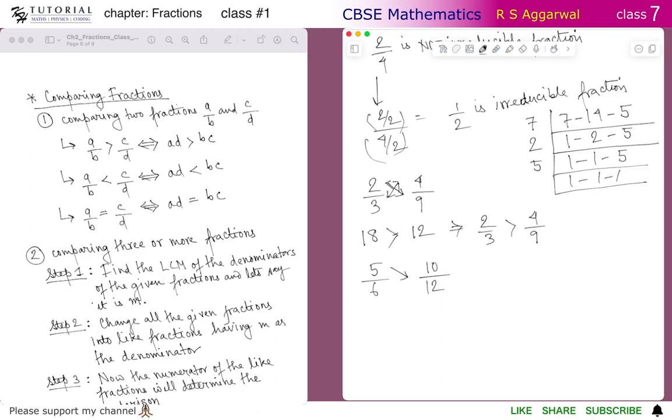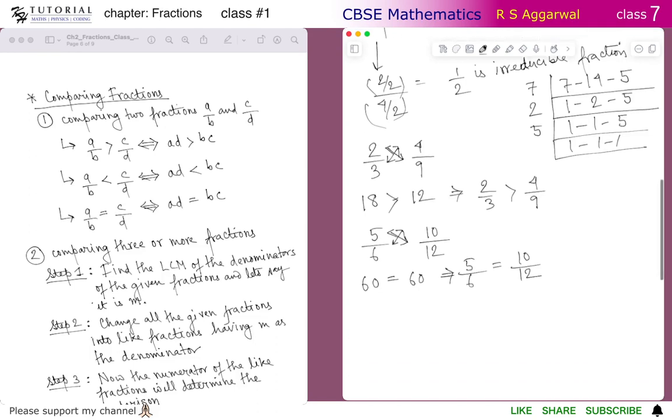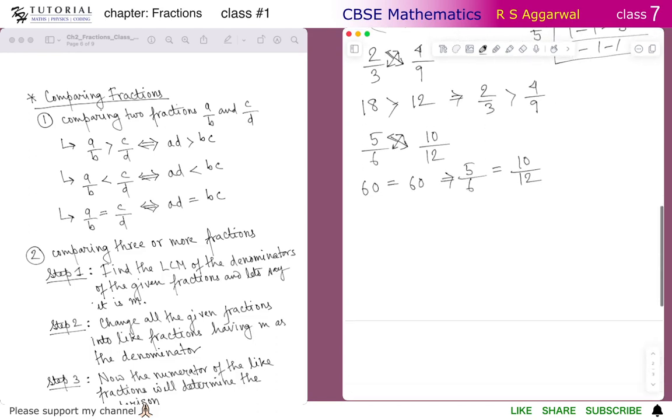We cross multiply and we get 60 and 60. So 5 into 12 is 60 and 6 into 10 is 60. So this is equal. This implies 5 by 6 equals 10 by 12. So this is the basic concept.